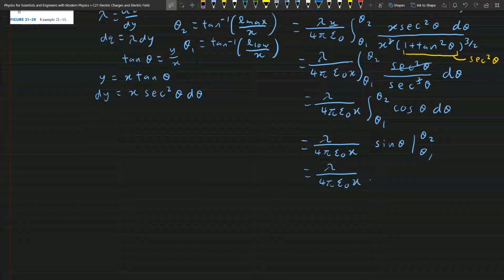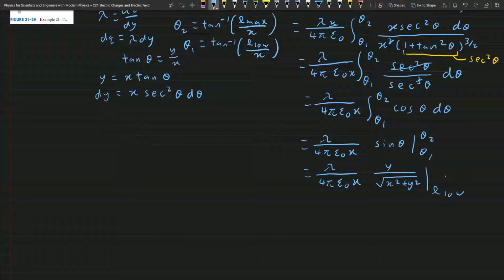So in sine theta we will just get the opposite over the hypotenuse. Our opposite is y, and the hypotenuse is just r, so this is the square root of x squared plus y squared, and the limit will change back, which is given by L low and L max.